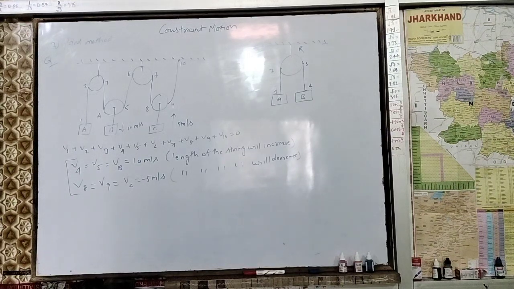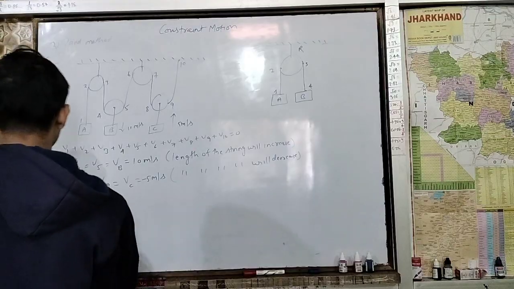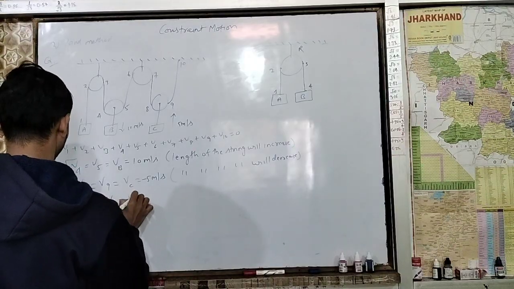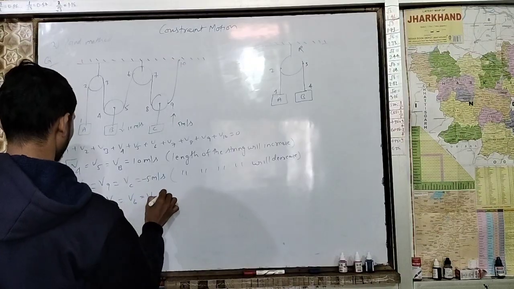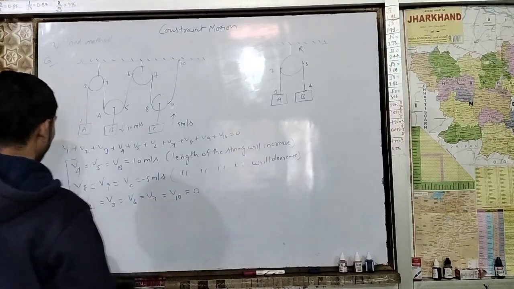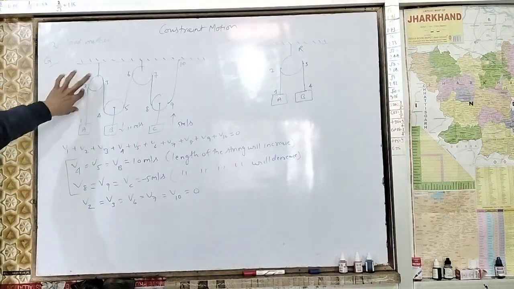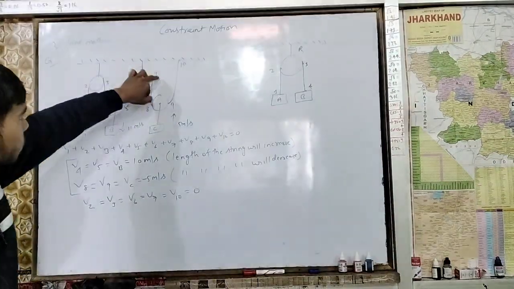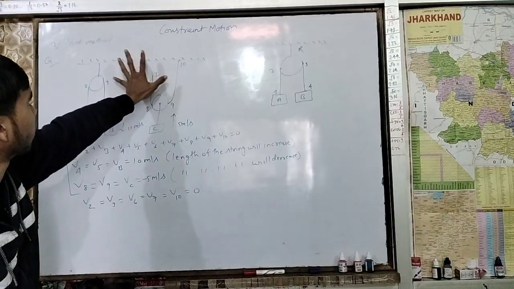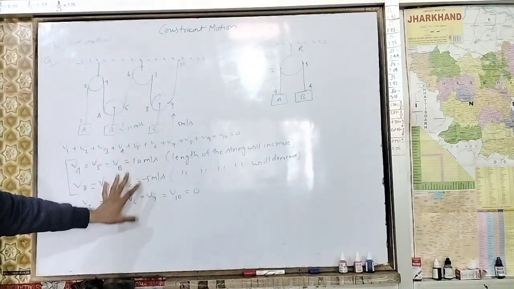Next we have V2. V2 is equal to V3 is equal to V6 is equal to V7 is equal to V10, which is equal to 0. Here V2, V3, V6, V7, V10, all upward points are equal.